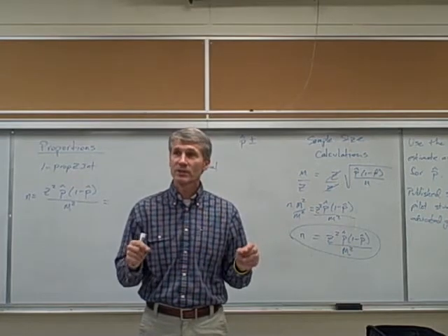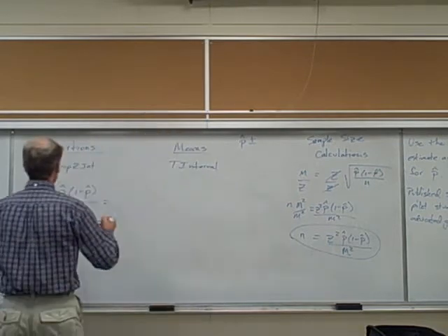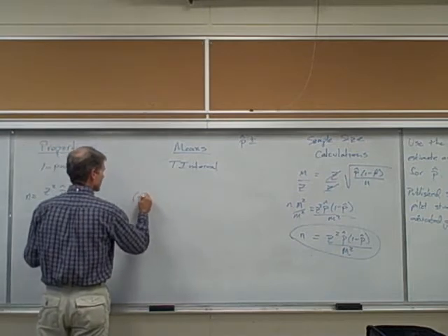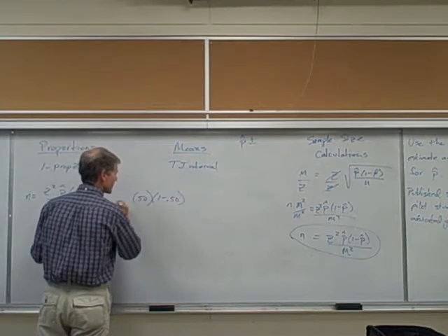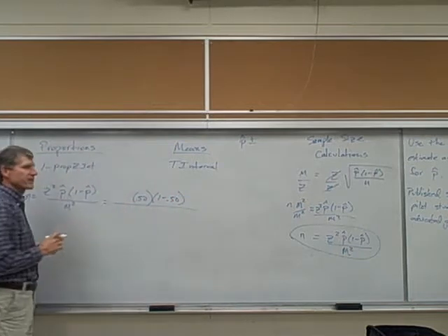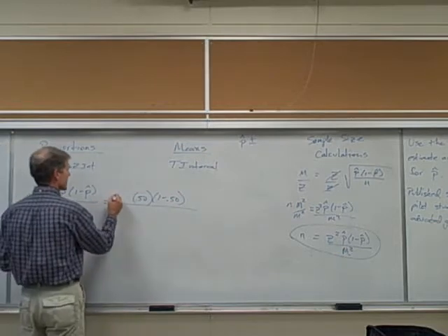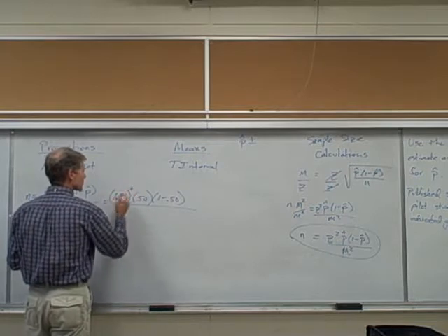If you're unwilling to use that, what do you use? 0.5. So we fill in 0.5 for p hat. I get 0.5 times 1 minus 0.5, and my Z out front, 1.96, because they said with probability 0.95. Now don't forget, that is squared.